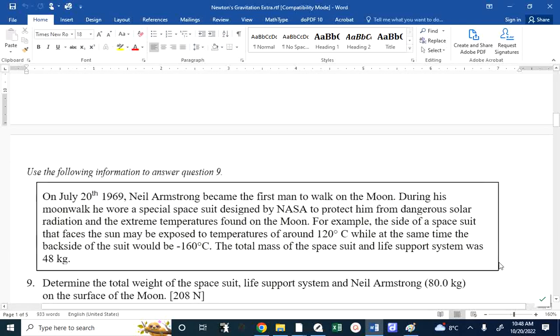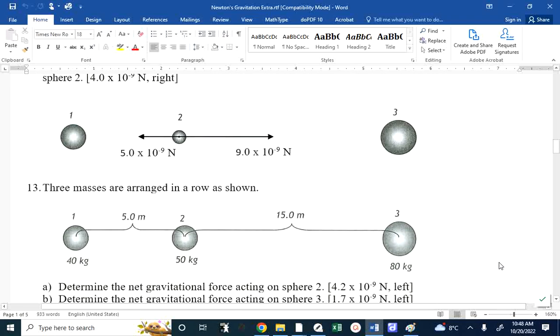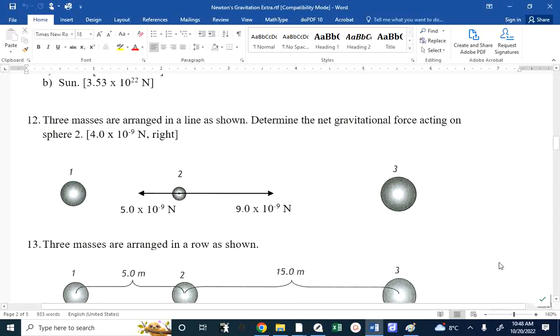Then yesterday we got into problems like this, where you're trying to determine the amount of gravitational force on one mass due to two others. And some of you yesterday near the end of the class said, well, how do I do number 12 if I don't know any of the masses? You're given the two forces. You're told that central mass is being pulled to the right with 9.0 times 10 to the negative 9 newtons, and that's because it's attracted to mass 3.